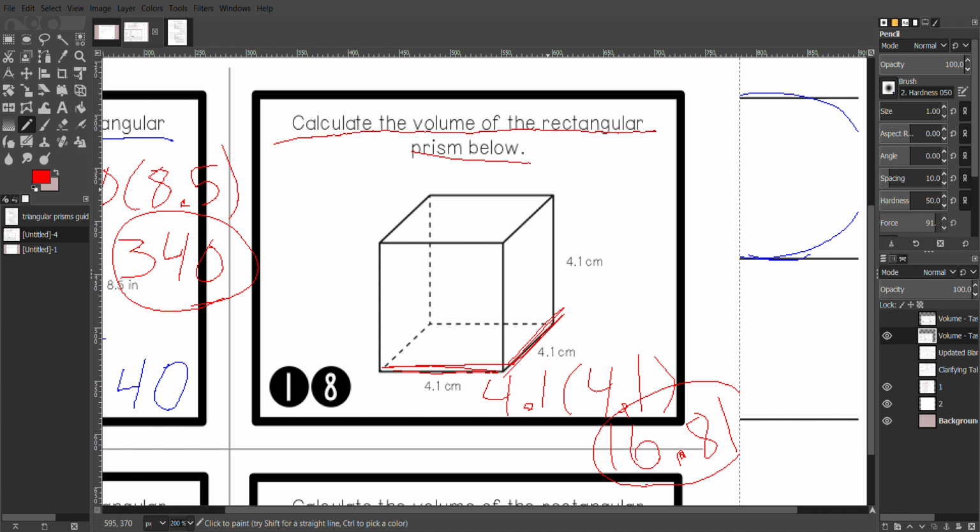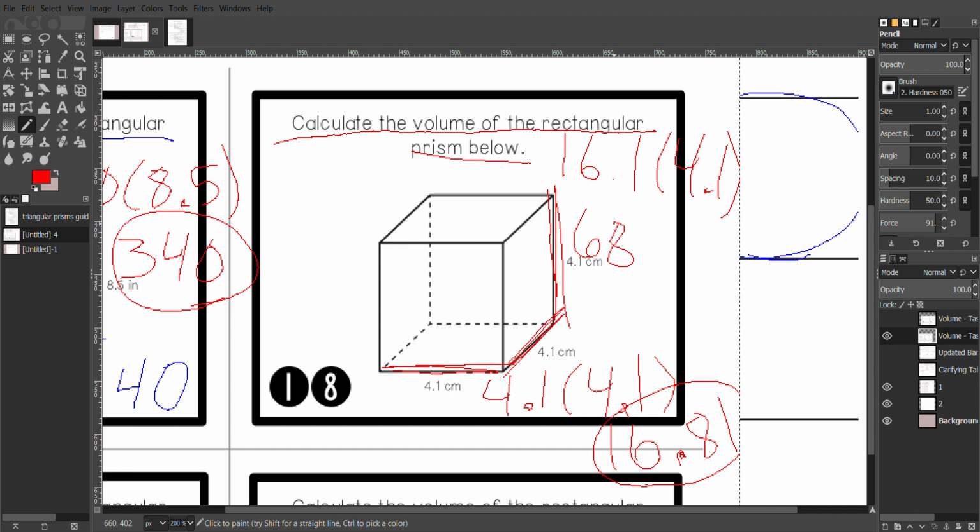The height is 4.1. So I'm going to do 16.81 times 4.1. And what do I get when I do that? I will pause. I get 68.921.